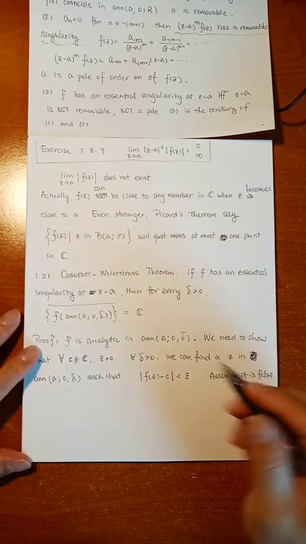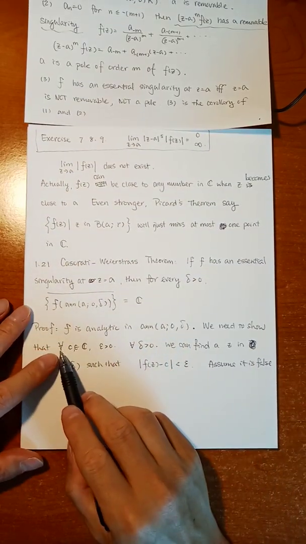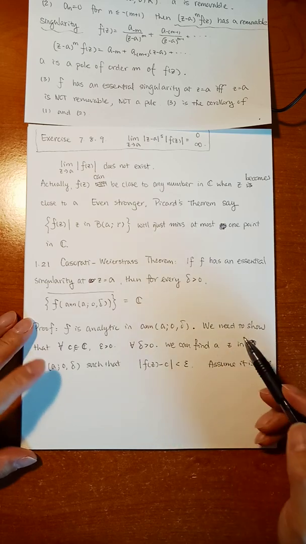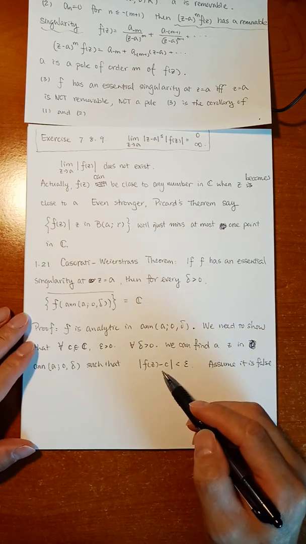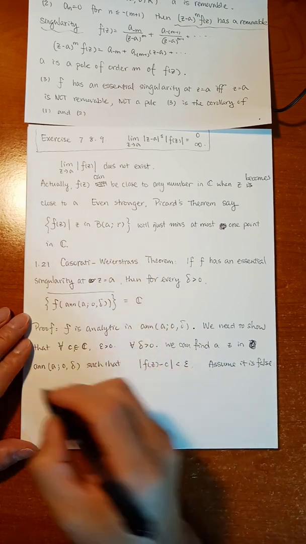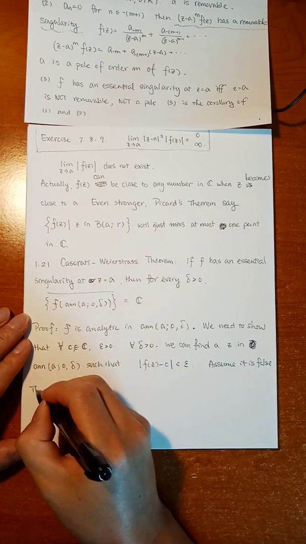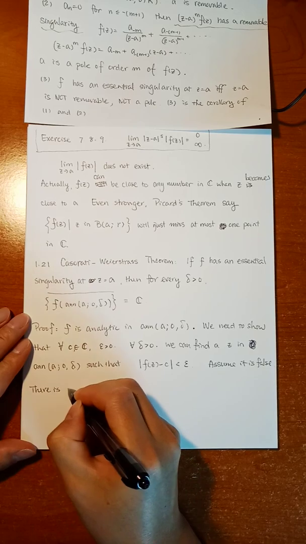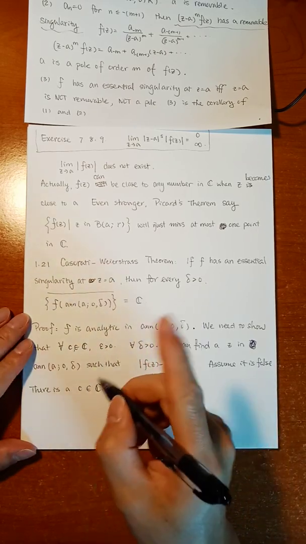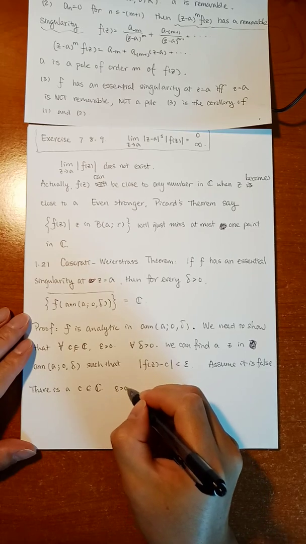If we assume false, we're going to exchange all the for all to be there exist. There exist means for all, and this condition is incorrect. All right, so here it means for all C, so there is a C in C, all epsilon, and there is an epsilon greater than 0.